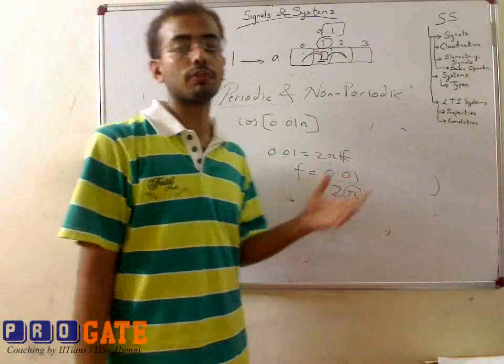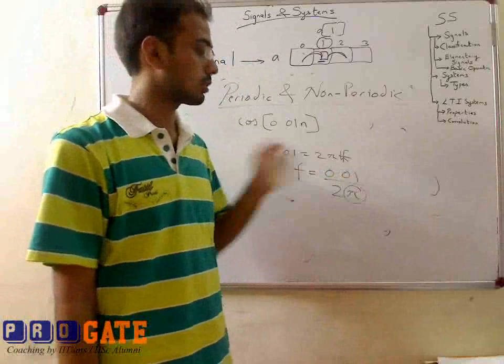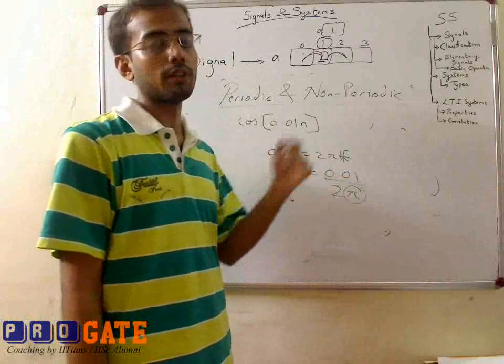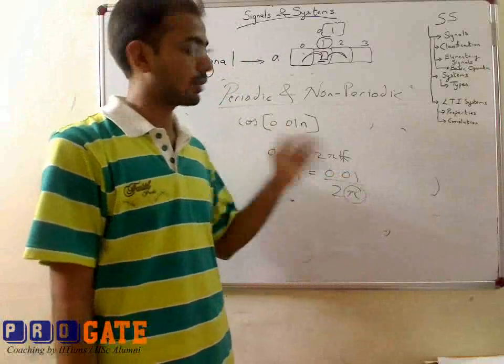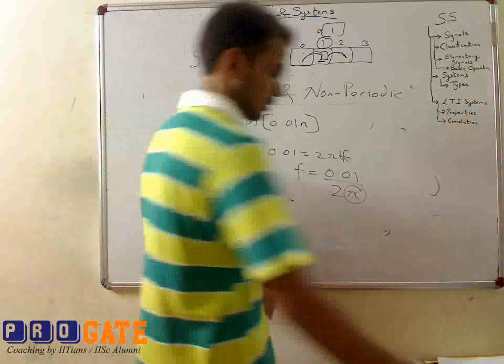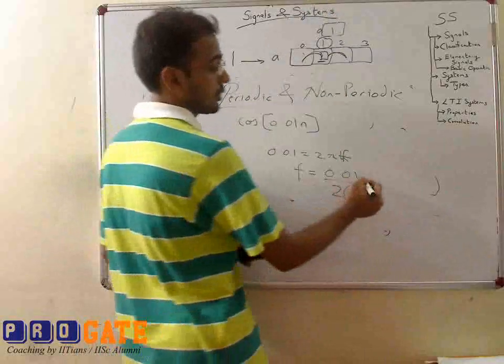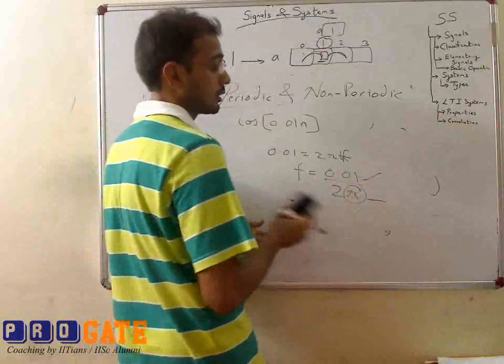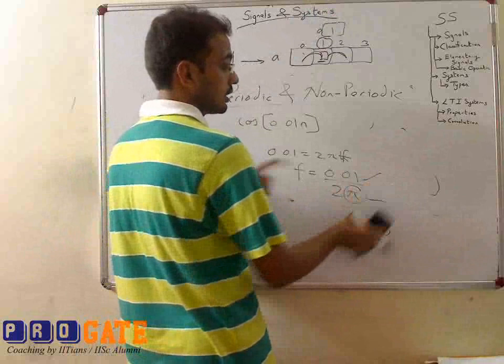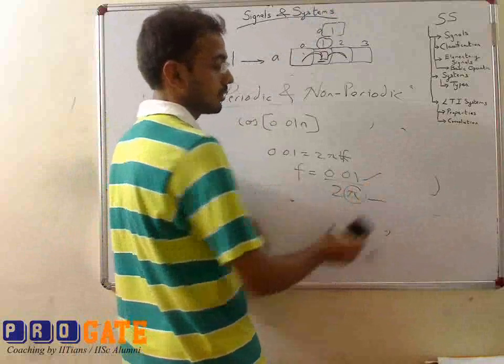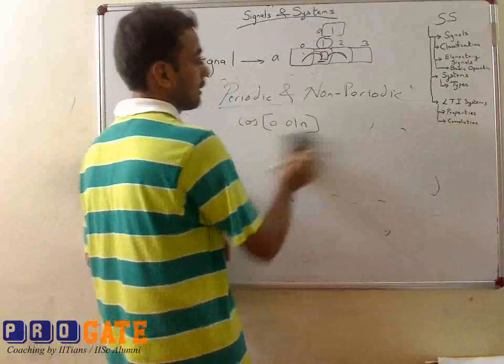Usually we use 3.142, but actually it goes on, and for different applications you take different decimal values. So this is not a ratio of two integers. So this is aperiodic. This wave will never repeat.